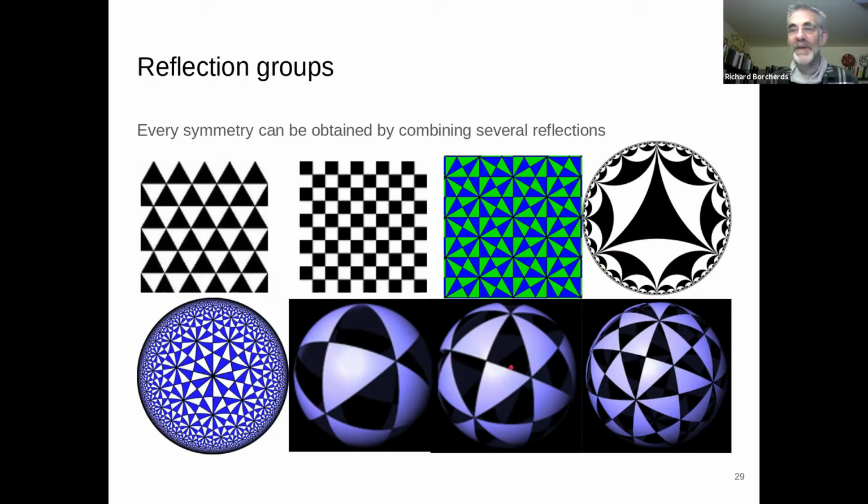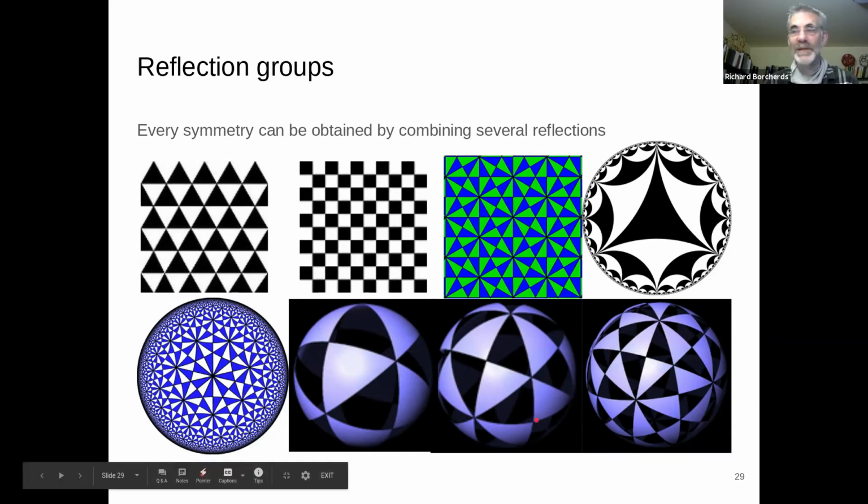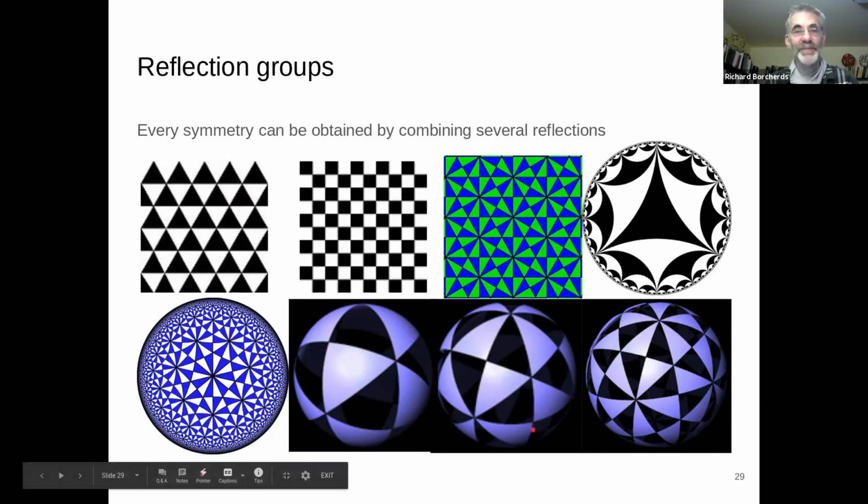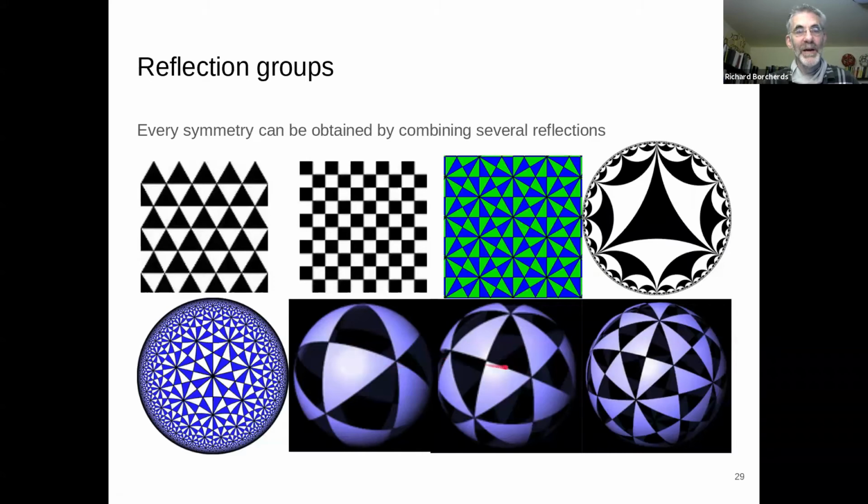These 3 spheres at the bottom are examples of spherical reflection groups. You see, you can reflect in these great circles. For instance, there's a great circle here at the bottom. And this gives you 3 spherical reflection groups. And you can also get reflection groups in hyperbolic space, which I'm not going to talk about much, but here are a couple of examples.